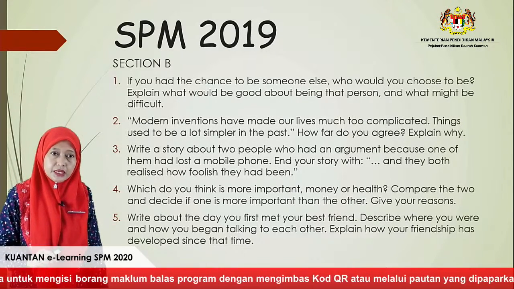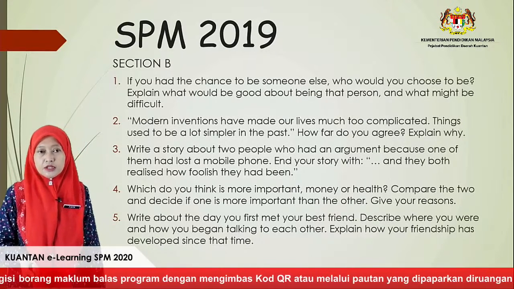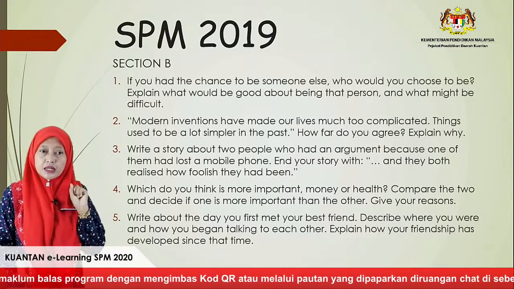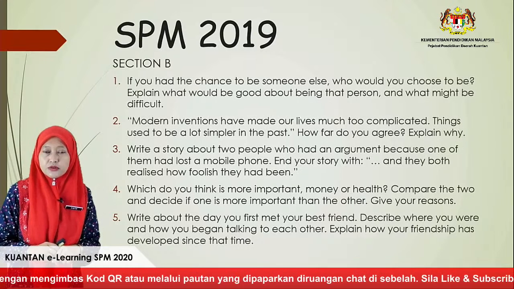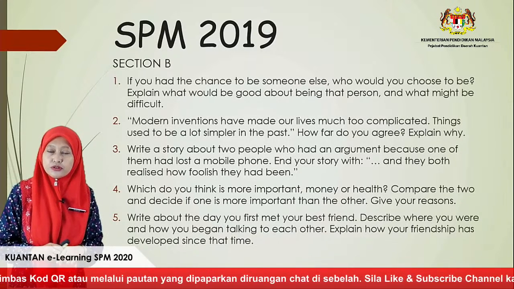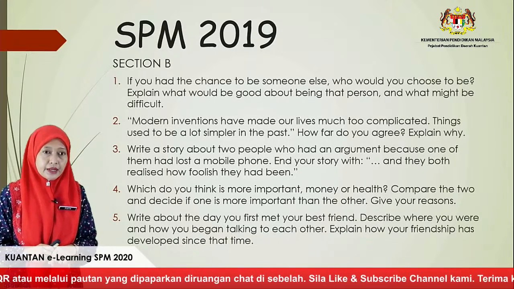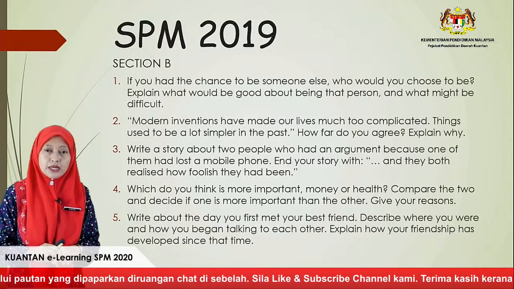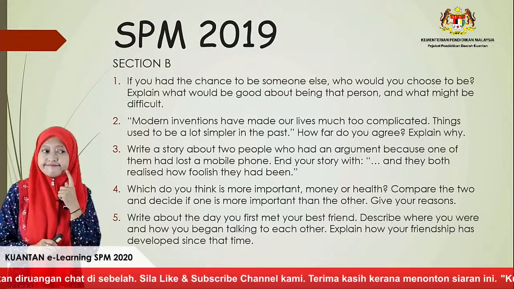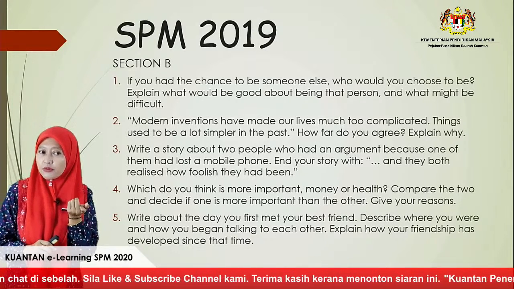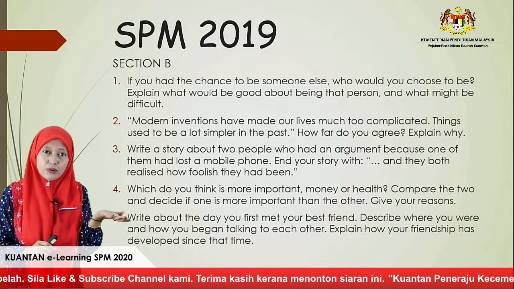For section B, as I told you earlier, you have 5 questions. The first one: if you had the chance to be someone else, who you choose to be? Explain what would be good about being that person and what might be difficult. Now, you get to be anyone you want.